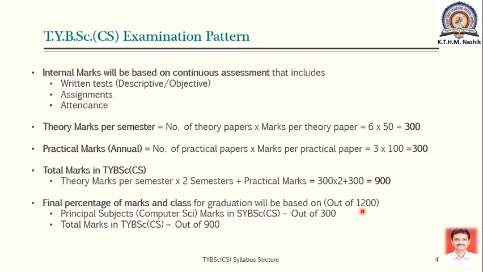Again I am repeating that overall percentage of graduation will be based on second year computer science, 2 theory and 1 practical, and all theory and practical courses of third year BSc Computer Science. This is the evaluation of overall BSc Computer Science. So this is about the syllabus structure and examination pattern of third year BSc Computer Science.